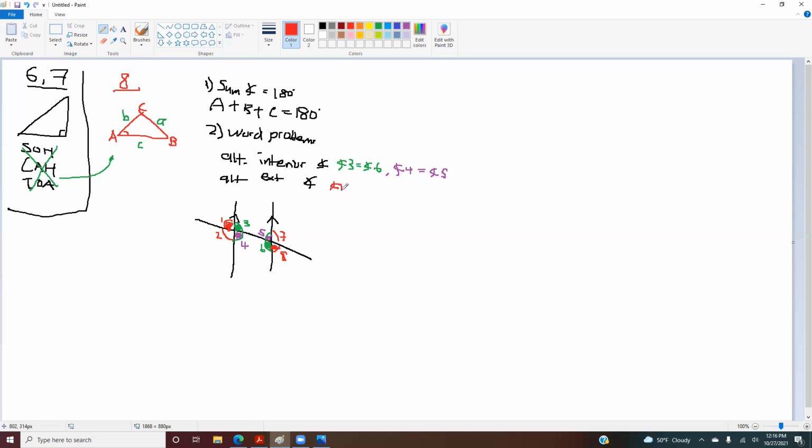If you measure angle 1, it's going to be the same as angle 8. Same thing happens with 2 and 7. This is basic stuff before we talk about the law of sines and law of cosines. So make sure you know alternate interior and alternate exterior angles, and we use this a lot when we do the word problems in these sections.